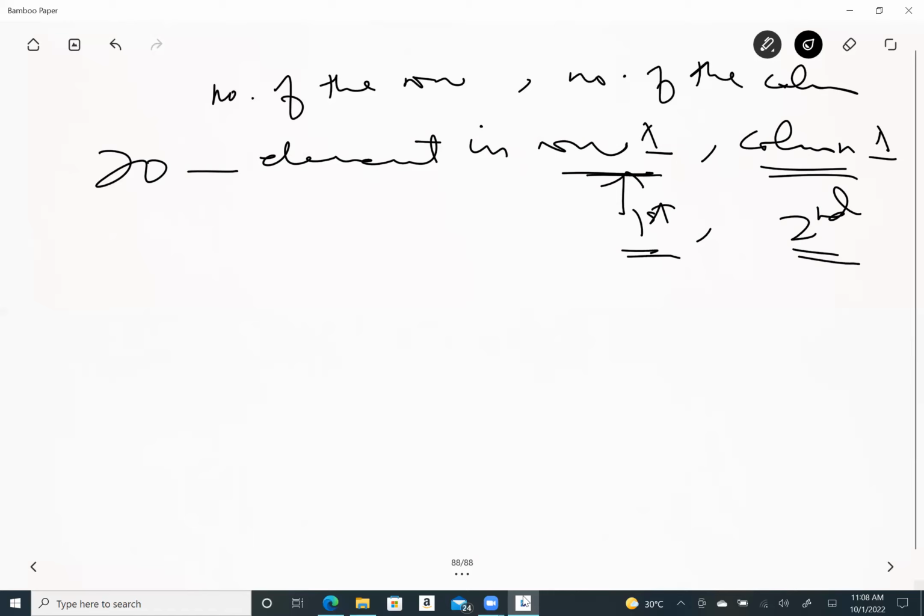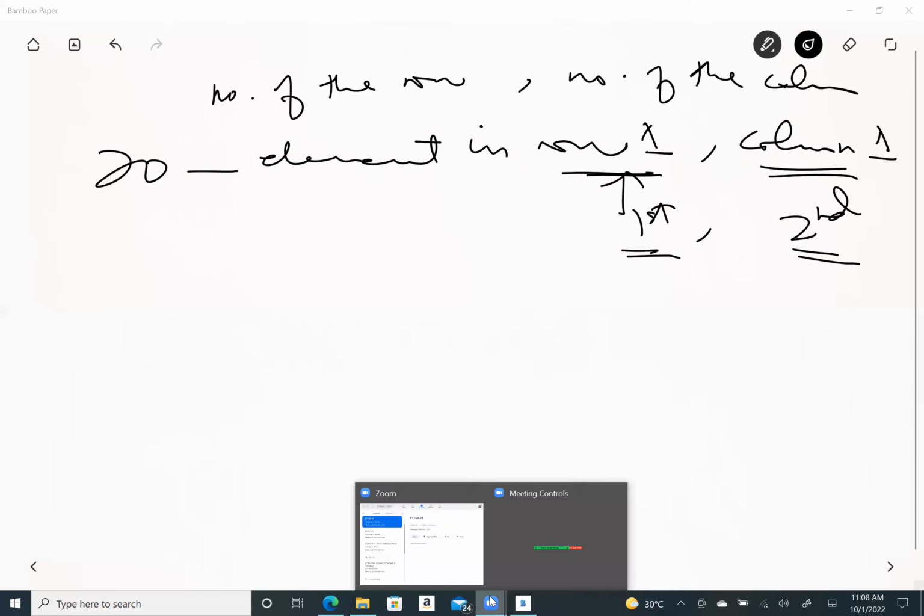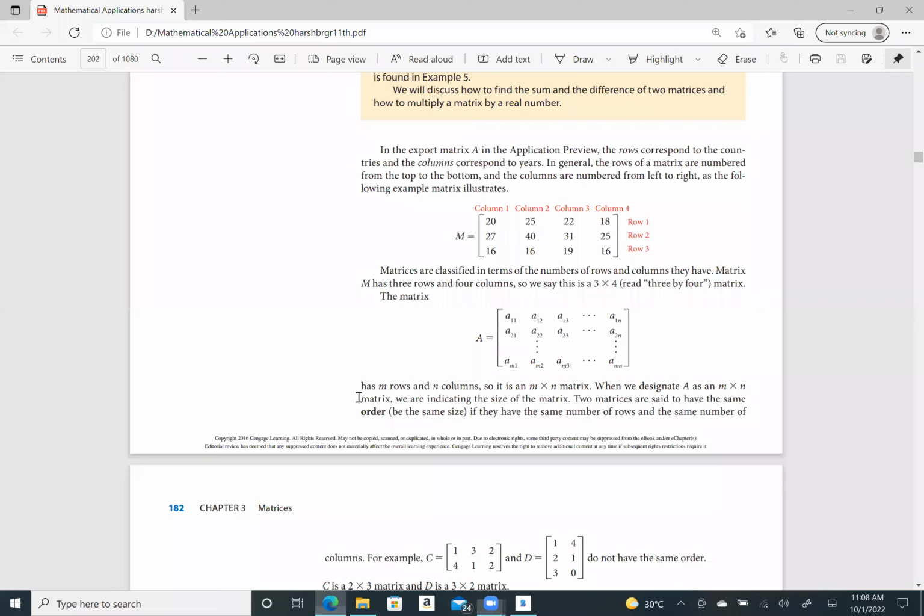Now, in general, we describe the matrix by A. Okay, that is the matrix A. Now, if you look at the matrix A, this is a general matrix that will consist of how many rows?